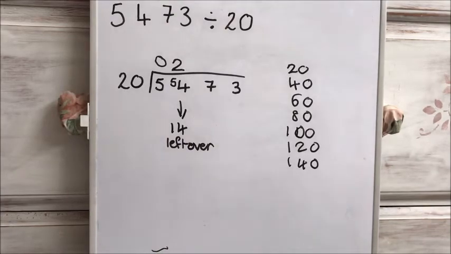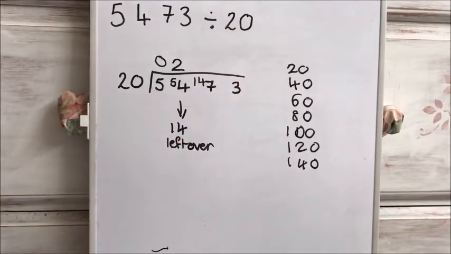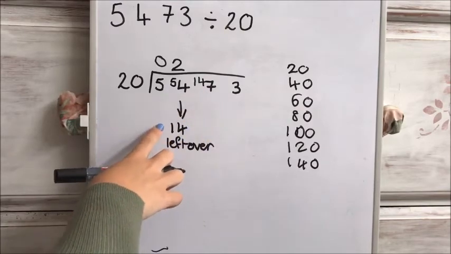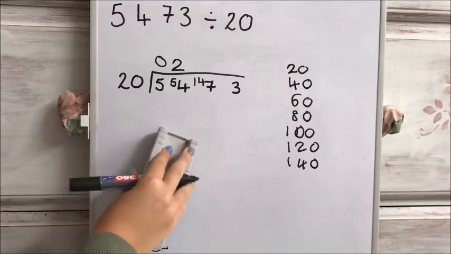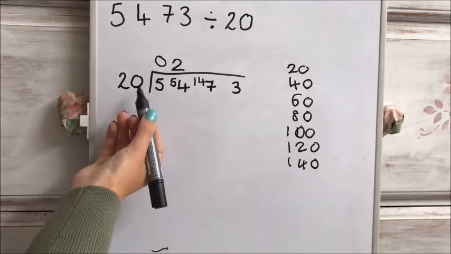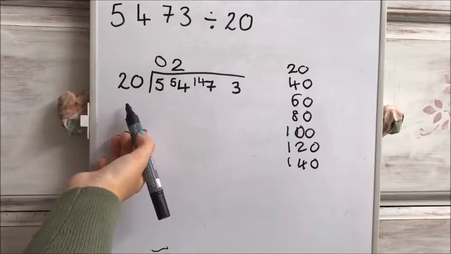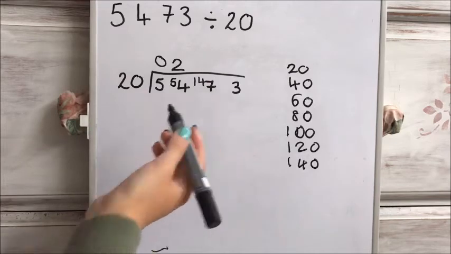So what we do with this 14 is we add it to the next number along. So what was 7 has now become 147, because we've added our 14 to it, like so. Then again, we just repeat the process. We've asked how many 20s go into 5, how many 20s go into 54, and now we ask how many 20s go into 147.